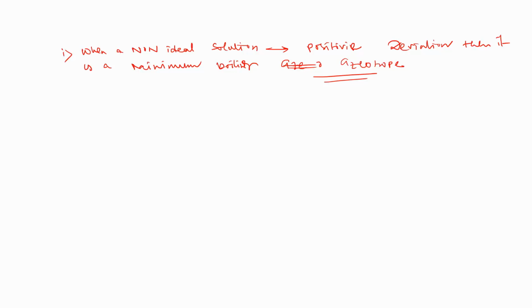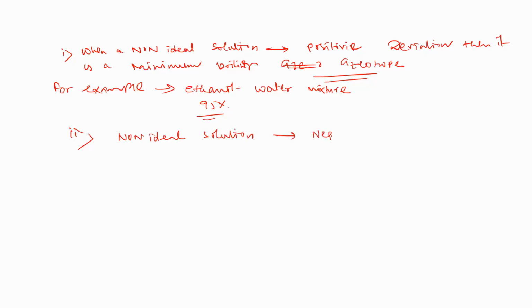For example, the ethanol and water mixture, where 95% will be ethanol and 5% will be water. Another point is, when a non-ideal solution shows negative deviation, then it is a maximum boiling azeotrope.